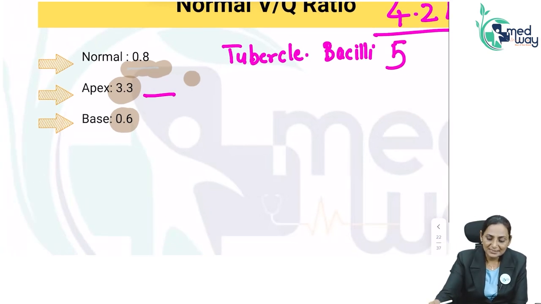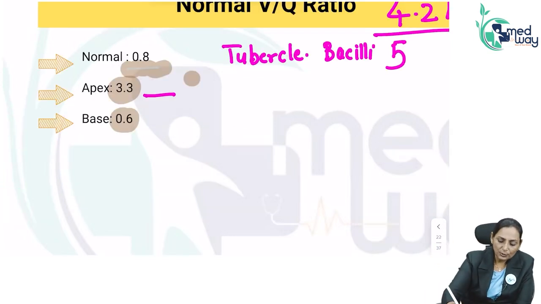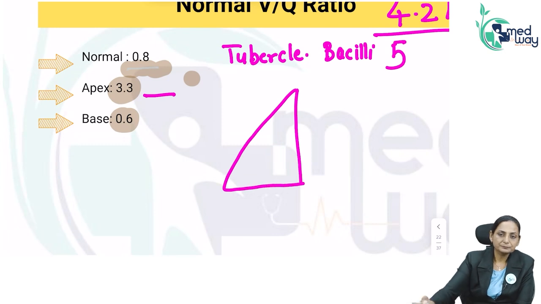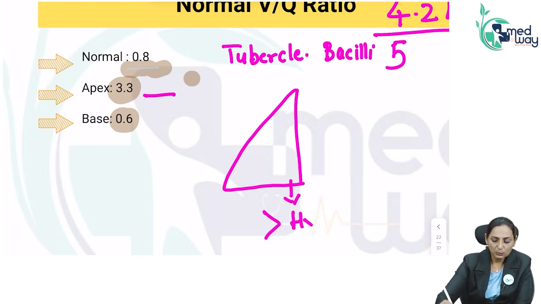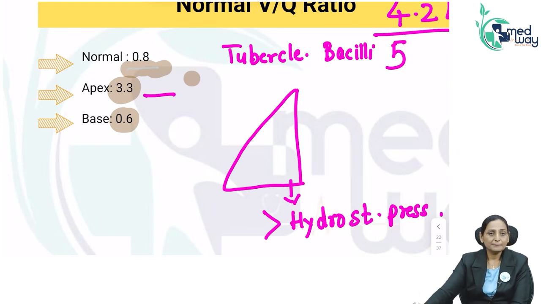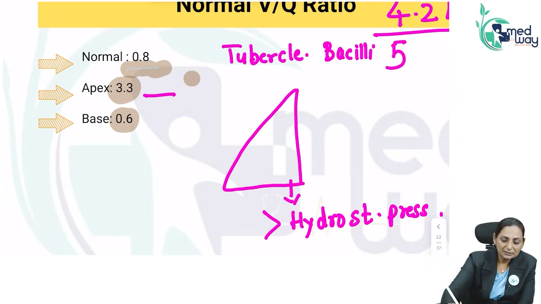Now let us understand this with more depth. Why is this so? See, I told you that the lungs are subjected to gravity. So because of that, the base of the lung has more hydrostatic pressure, and it has more negative intrapleural pressure.